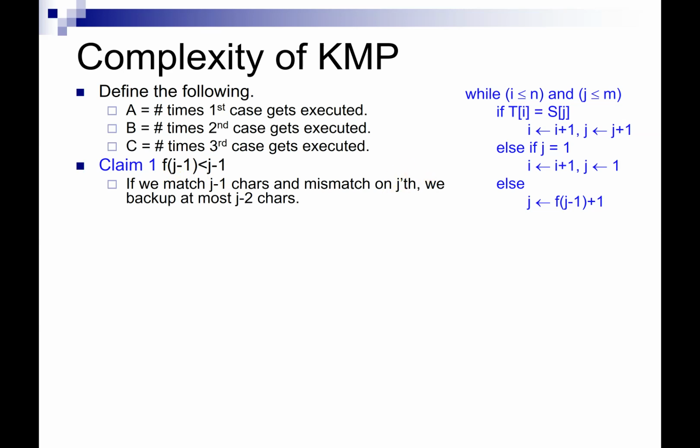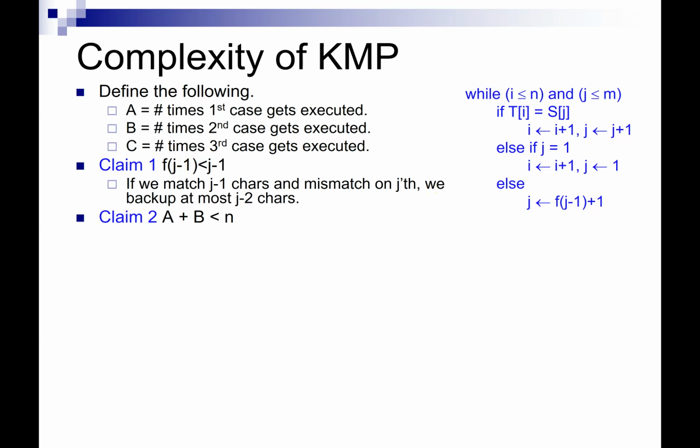In that case, we're not going to back up by j minus 1 letters, because then you would start the match between S and T at the same location again. So at most, you're going to back up by j minus 2 letters. Therefore, f of j minus 1 is at most j minus 2, so it's less than j minus 1.